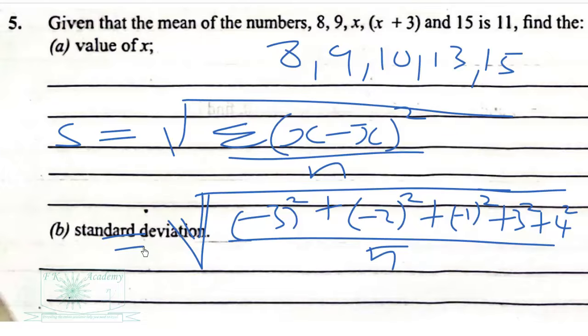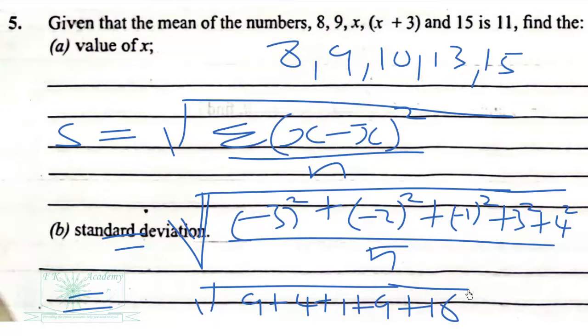So this will simplify to the square root of 9 plus 4 plus 1 plus 9 plus 16, all over 5.